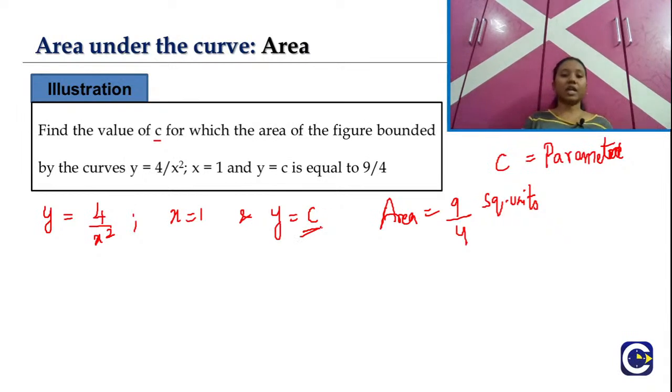So quickly do it, guys. It's the same thing. Initially we used to find the area, but here the area is already given. So we will find the definite integral for the area and equate it to 9 by 4, so that we can determine the unknown parameter c here.